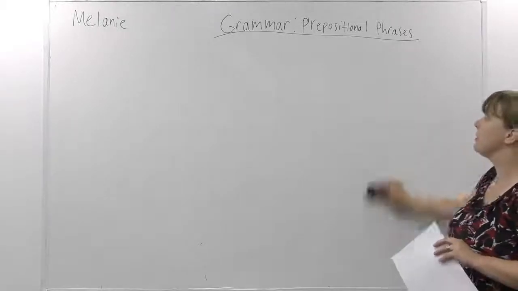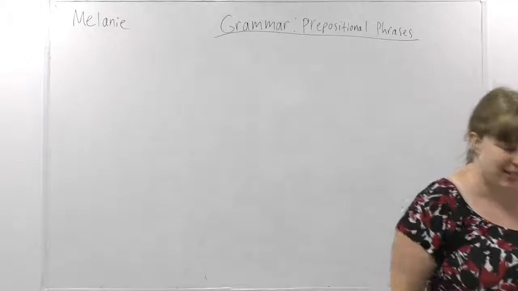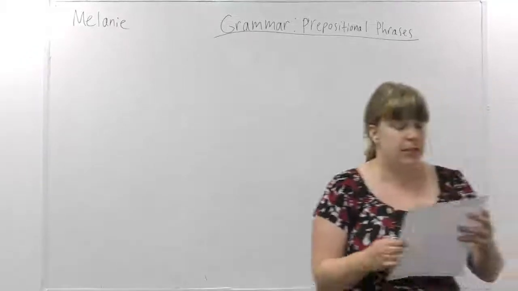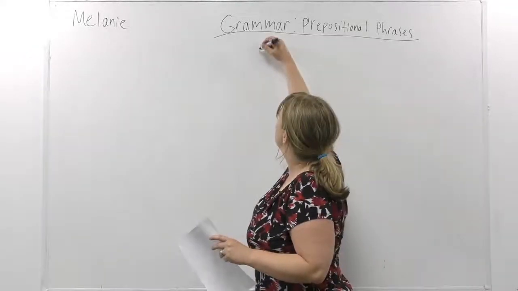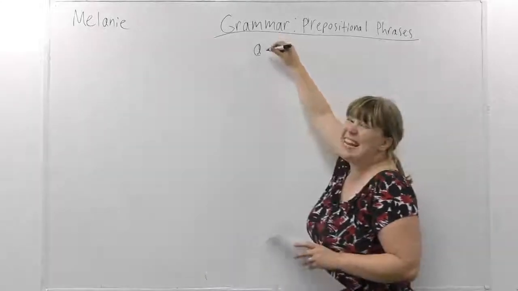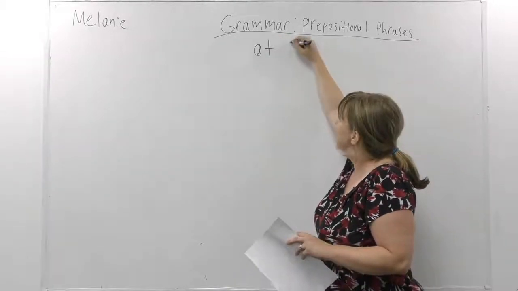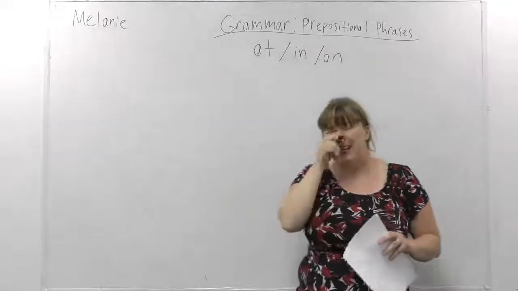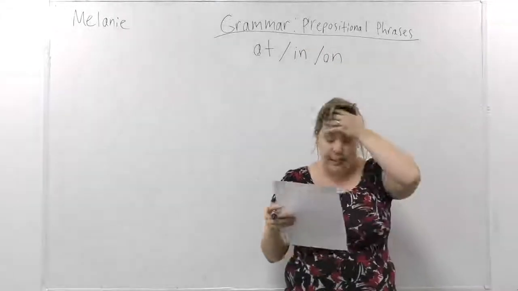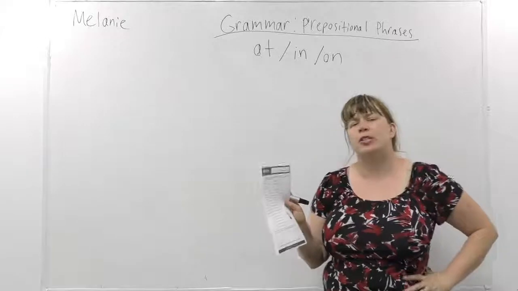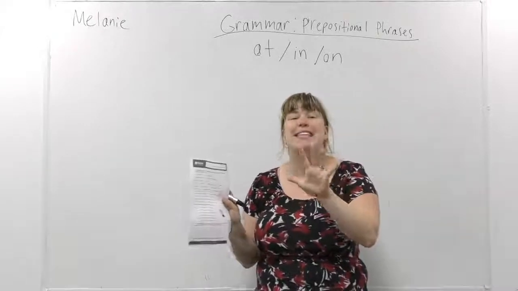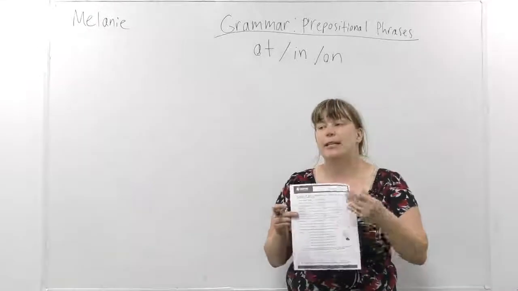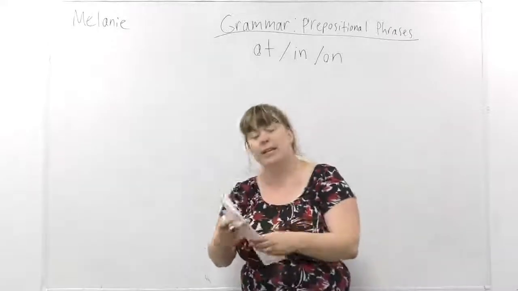Just something to remember if you're ever describing rooms in your house. Okay, so you have to choose between at, in, or on. And let's see, we're probably just going to do like 4 or 5 of these together because it's going to get long and boring otherwise.